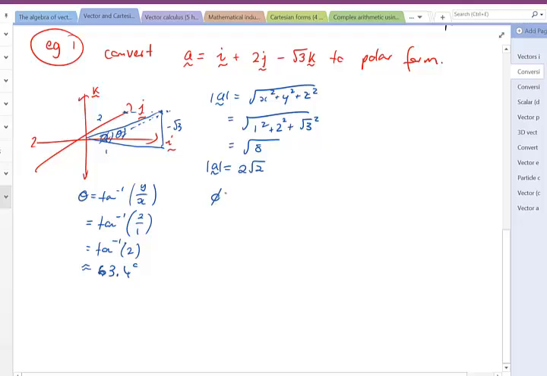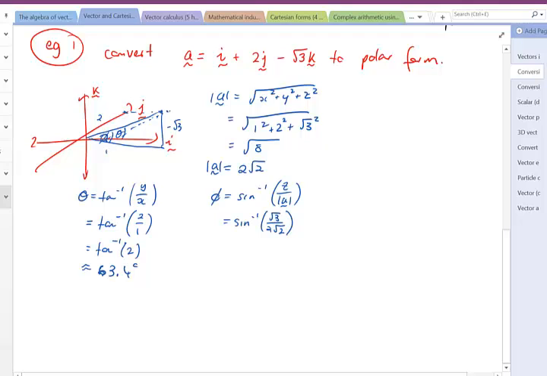And our altitude will be arcsine of z on the magnitude. So we end up with arcsine of √3 on 2√2 or √8, depending on what you want to do.